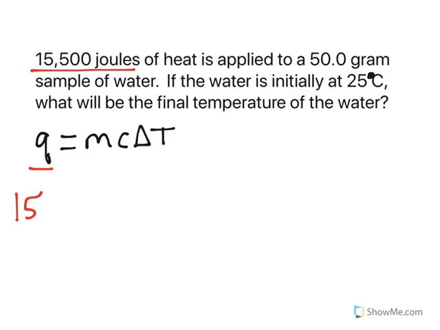So 15,500 joules equals, the m is just your mass, and this is a 50-gram sample of water, times c, which is the specific heat capacity of water. You don't have to memorize this, but you will because you'll have seen it so many times.